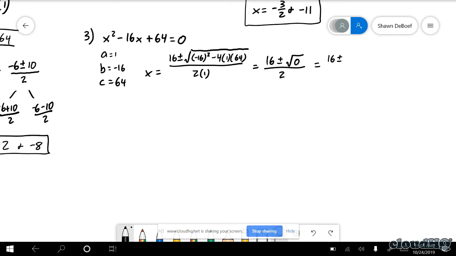The square root of 0 is 0. When you take 16 plus 0 and 16 minus 0, you just get 16. 16 over 2 is 8. We only have one answer to this problem.